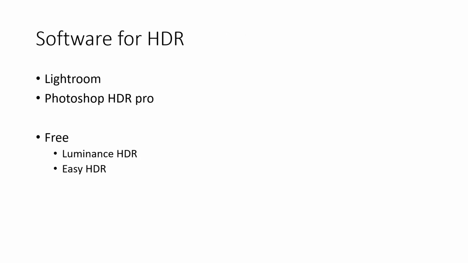The free software, now you always have to be careful. Free is for the first 7 days you use it, but you have to give them a credit card. But anyway, there's a program called Luminance and a program called Easy HDR. So there are software options available, but I think the first step is you have to do a little bit of practicing on the bracketing to get your feel for how that works, particularly so you can bracket the shots.